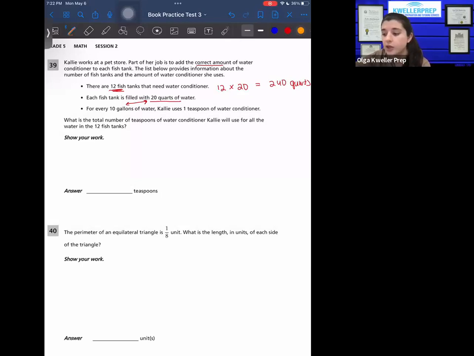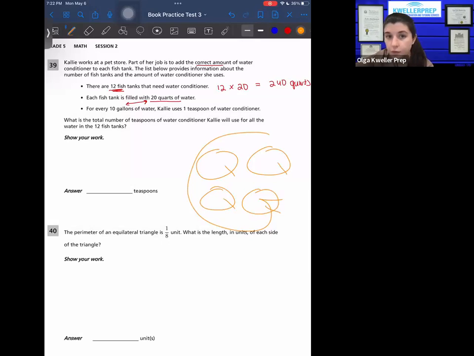So this gives us a good excuse to review and redraw our chart. If you remember from our chart, how many quarts are in 1 gallon? 4. Excellent, right? So 1 gallon is 4 quarts. But we're interested in knowing how many gallons are in 240 quarts? So again, how do I go from 4 to 240?